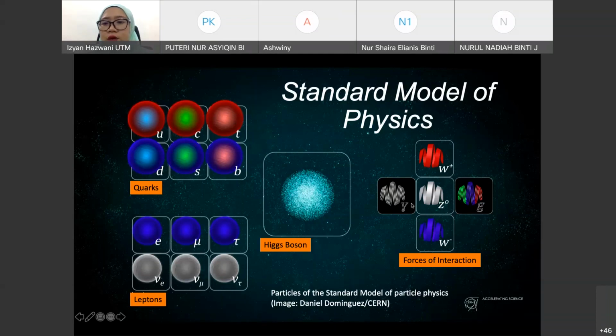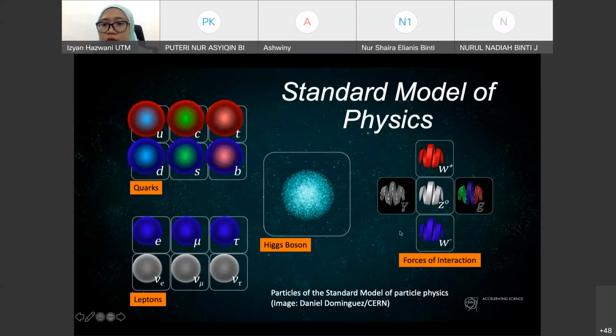And we have 4 forces of interaction, contributed by the strong nuclear, weak nuclear, electromagnetic, and also gravitational interaction. Gluon is the force carrier for quarks, while W plus/minus and Z boson are the force carriers for leptons.